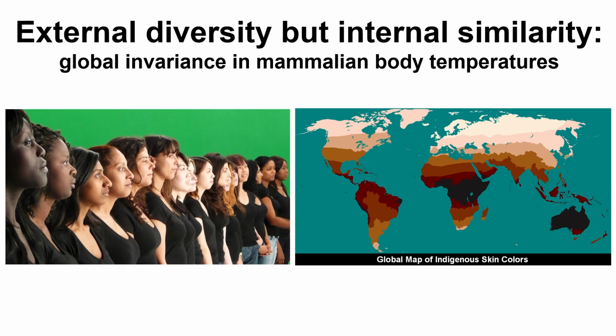But interestingly, if we go inside our bodies and measure our body temperatures, there is almost no variation at all. Almost all humans have 37 degrees Celsius inside their body. So there's an interesting disconnect between external diversity and internal similarity.